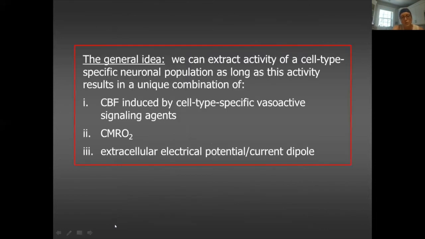This is the general idea that we can extract activity of cell type specific neuronal populations as long as we have this unique combination of flow, metabolism, and electrical signatures of that activity. When we go from the micro to the macroscopic scale, we of course lose some of the details, but hopefully for these different types of measurements, we will be losing different types of details.